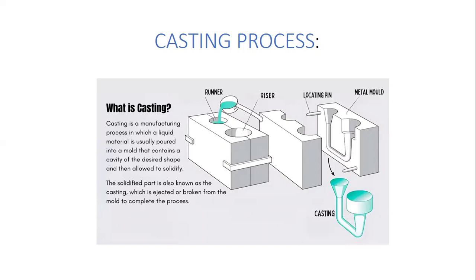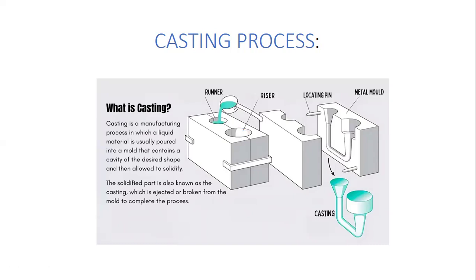Let us see from the diagram. So these are the two metal mold boxes that are kept here. The two boxes are joined with the help of the screw pin. Inside the mold cavity, the liquid molten metal at a very high temperature is poured into the hollow cavity, and then it is allowed to solidify for a short time period.